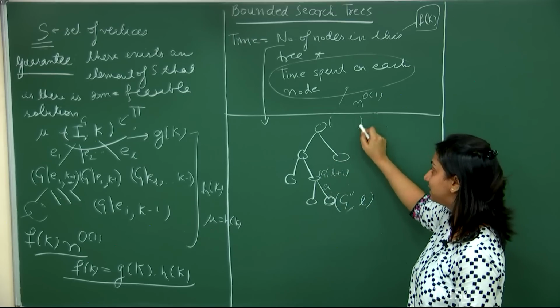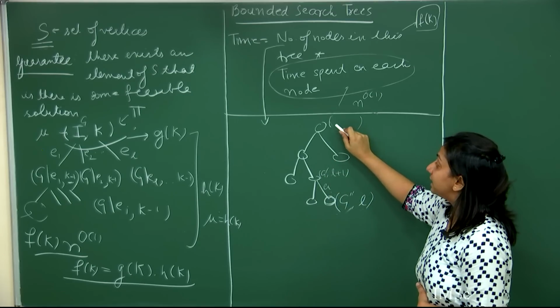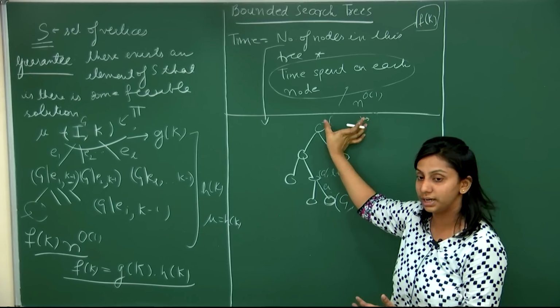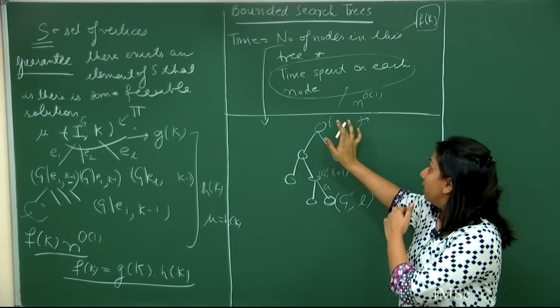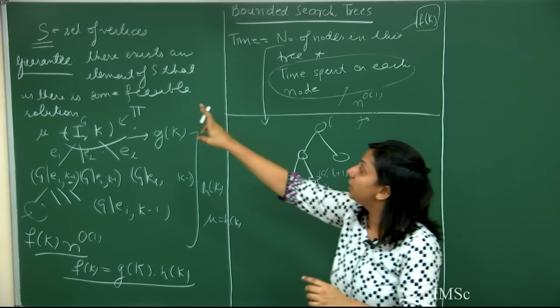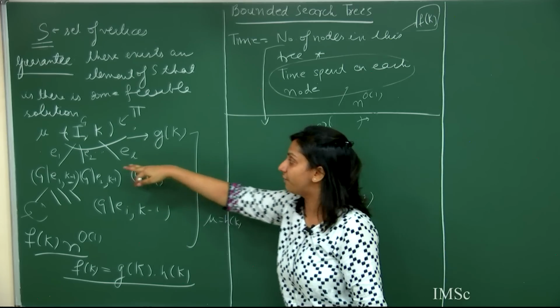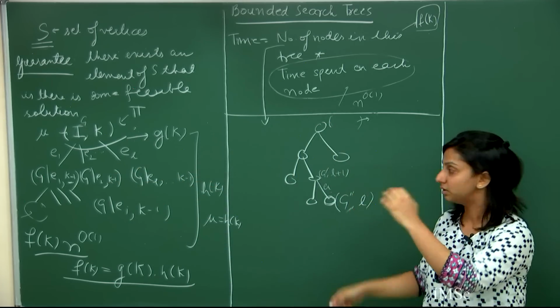Suppose this is an instance at the root, and it's a yes instance, so there is a corresponding solution at the root. Because of the property of S, that there is some solution that contains one of the elements of S, you look at that solution.